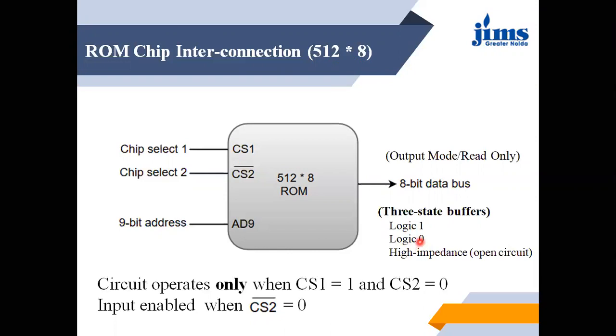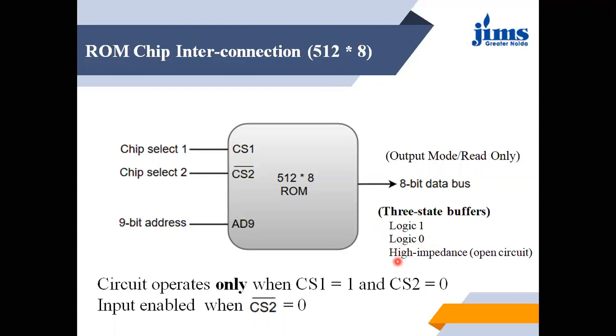So when this is active, that's true that this is not sending the information, this is not reading the information, but when logic value is 0, but it is active, it is taking or consuming some power.